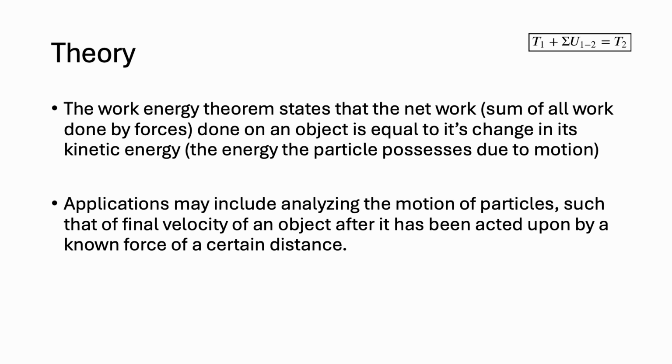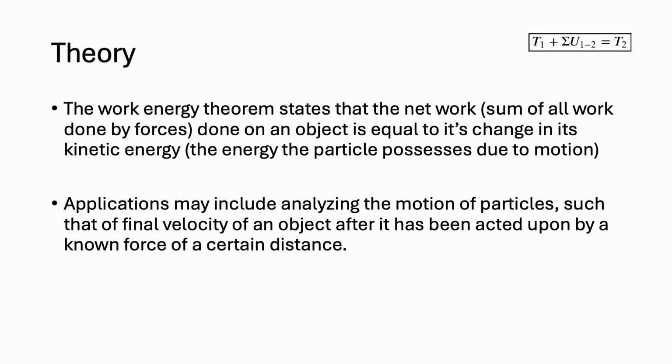Now, to find the velocities of those given points, the theory behind this would be the work energy theorem, which states the net work, which is the sum of all work done by the forces done on an object, is equal to its change in kinetic energy, the energy the particle possesses due to motion.